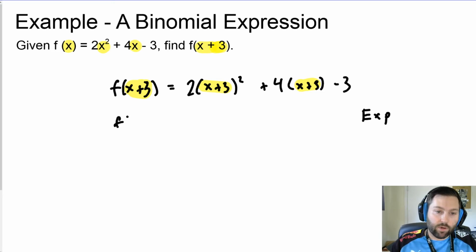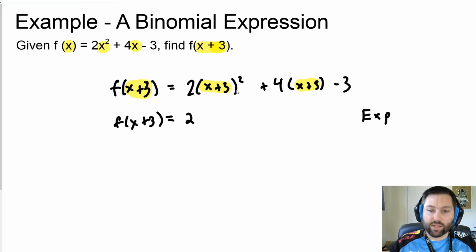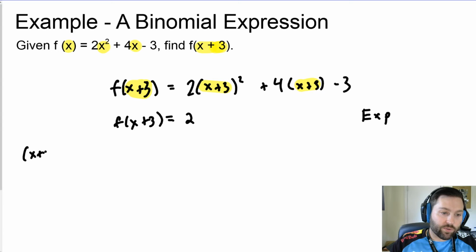So f of x plus 3 is equal to 2. And then I need to actually exponentiate this. Having x plus 3 to the second power like that is telling you that x plus 3 to the second power actually means x plus 3 times the quantity x plus 3.